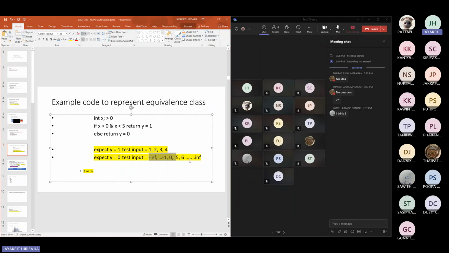And then we have 2 equivalent classes here. And the other equivalent class is if we input something which is less than -1, what is going to happen if nothing is set? Sometimes we don't need to test it. But this is an example of how the equivalent class is used.